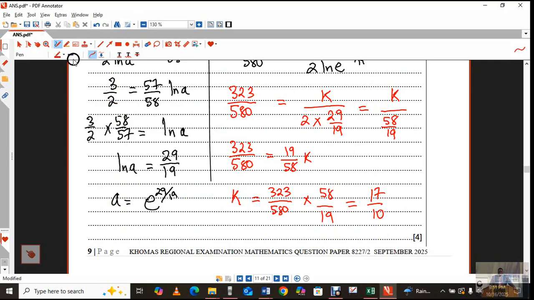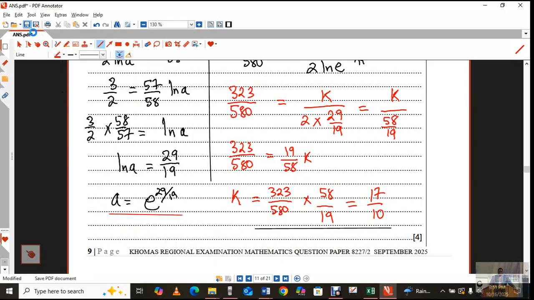So these are then the solutions that we have: k is equal to all of that, and a is equal to all of that.